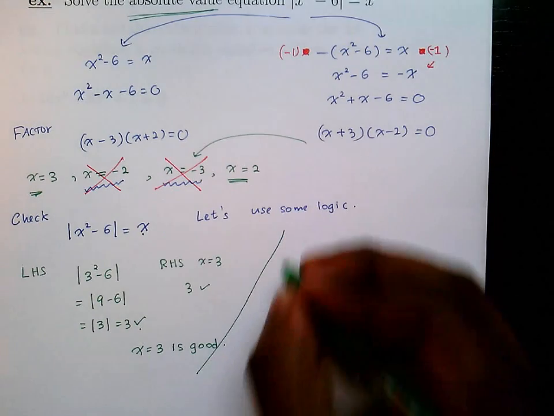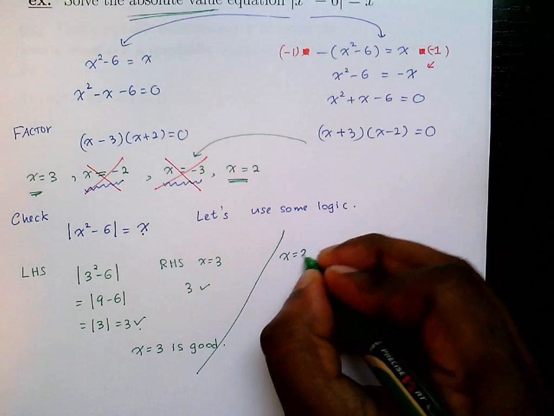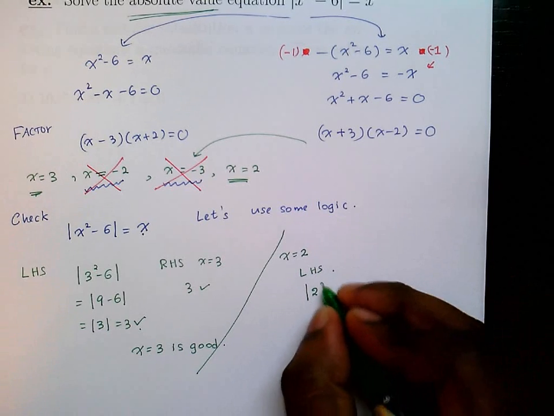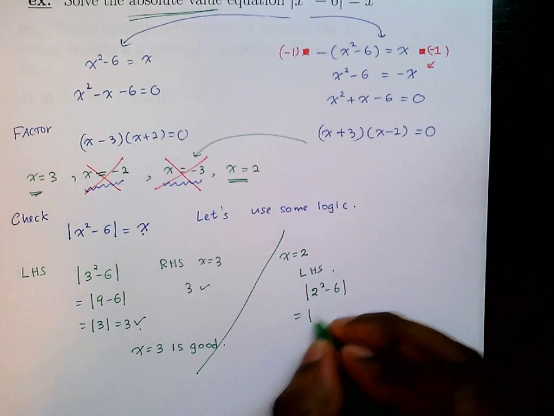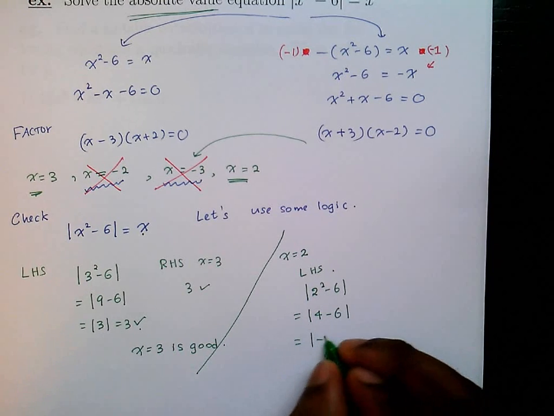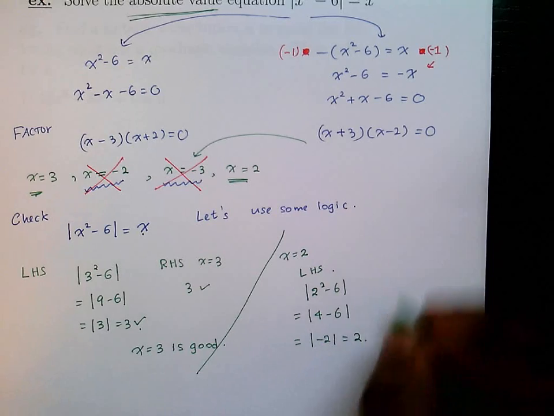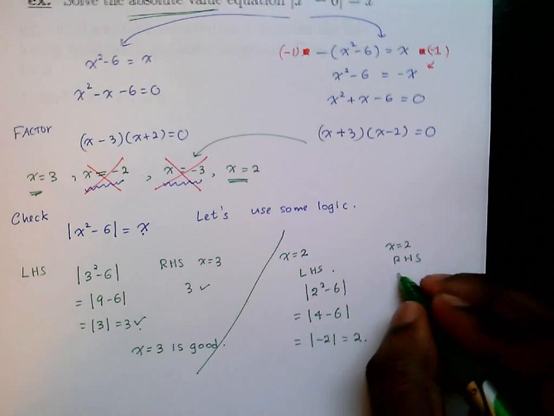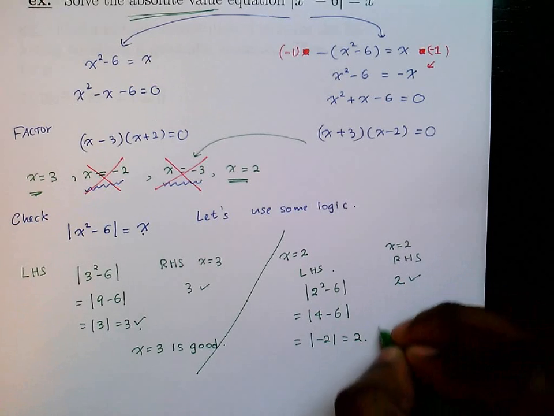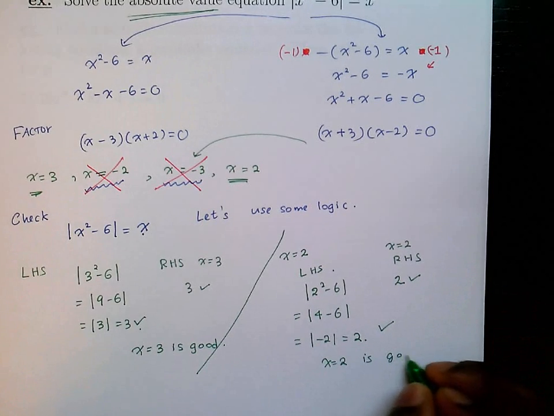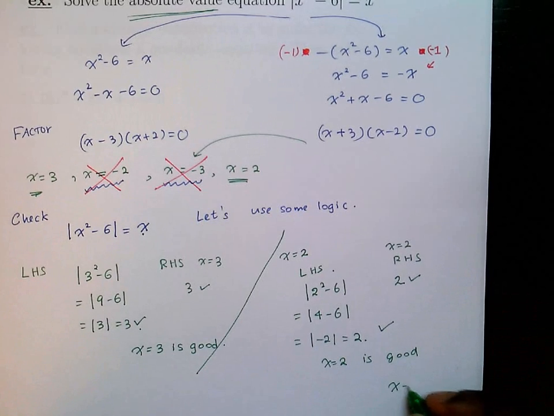And then there's x equals 2. Left hand side, you get the absolute value of 2 squared minus 6, which is the absolute value of 4 minus 6, which is the absolute value of negative 2, which is 2. X equals 2 on the right hand side is just 2. So again they agree, so x equals 2 is good. So the solutions are x equals 2 or x equals 3.